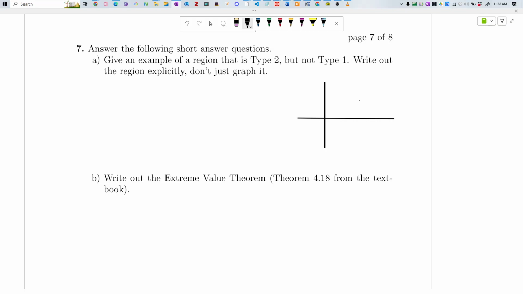I want to have something like this, a parabola that's offset? Well, the issue is you can describe it as a type 1 region if you split it.